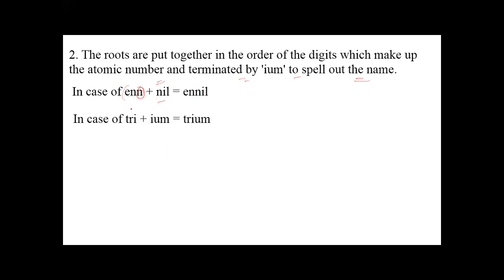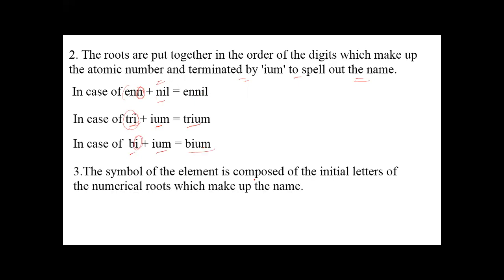Similarly, if tri plus ium are together, the i is neglected, like trium. Similarly, bi plus ium, the i is neglected, so bium. The symbol of elements is composed of the initial letters of the numerical roots which make up the name.